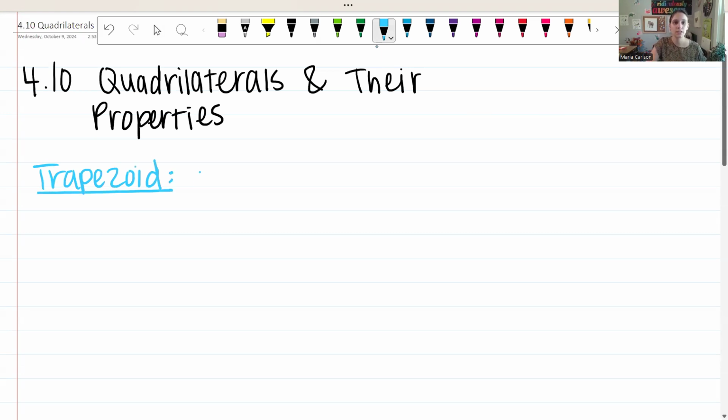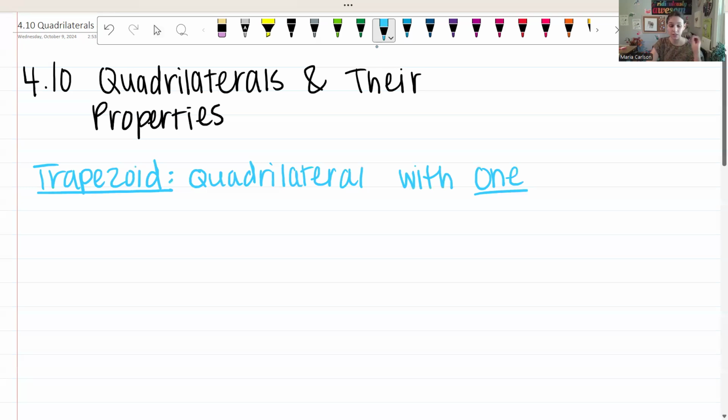So a trapezoid is a quadrilateral with exactly one pair of parallel sides.